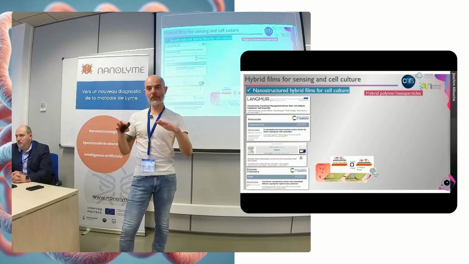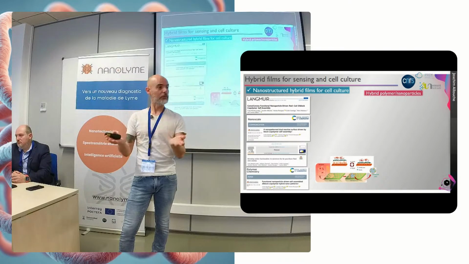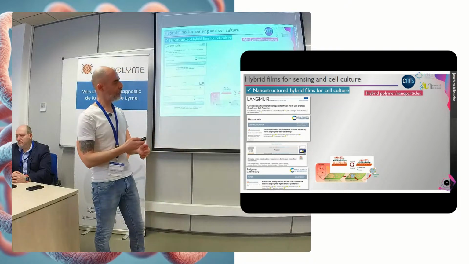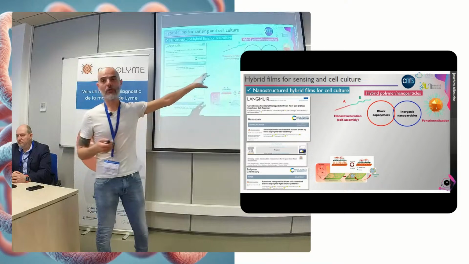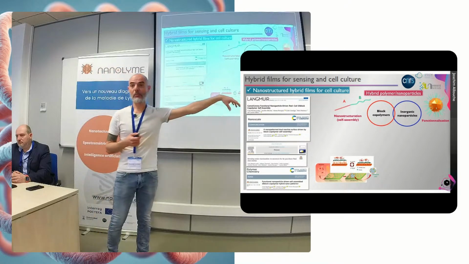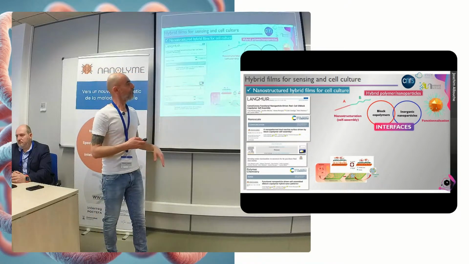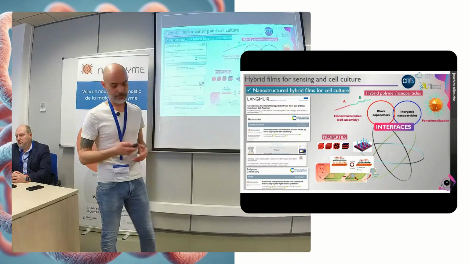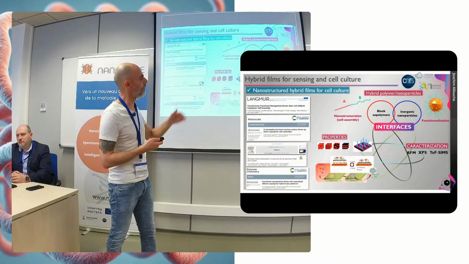Typically, we wanted surfaces that can change hydrophobicity and hydrophilicity in order to remove or not the cells after cell culture. To do this, we combine block copolymers and inorganic nanoparticles. Also, the interface has a strong influence inside this type of films.